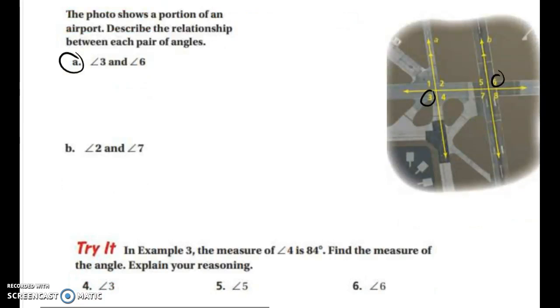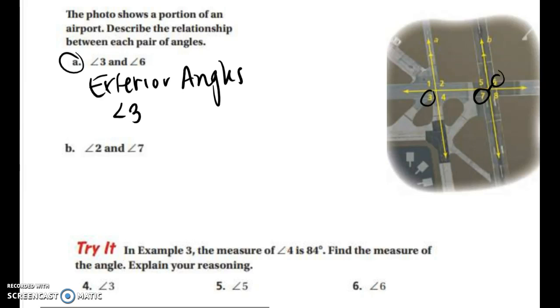So they're on the outside, while these would be interior angles because they're on the inside. So they are exterior angles. And 3 corresponds with 7, which is a vertical angle from 6. So that means that angle 3 and angle 6 are equal.